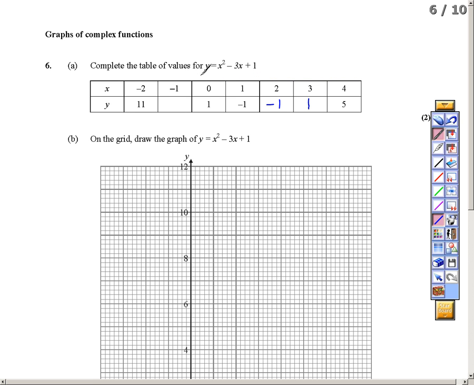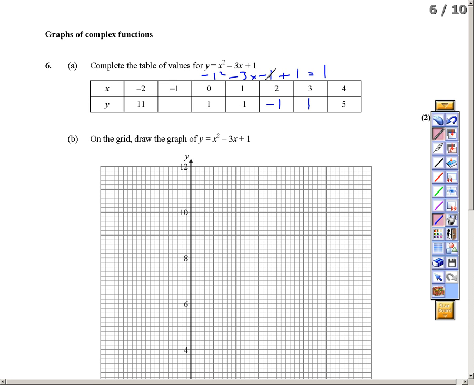So minus 1 squared minus 3 times minus 1 plus 1. Would you have a calculator to work this out? Possibly. Quite likely, but you're expected to be able to work out minus 1 times minus 1 without a calculator, and minus 1 times minus 1 is plus 1. And then 3 lots of minus 1 is minus 3.